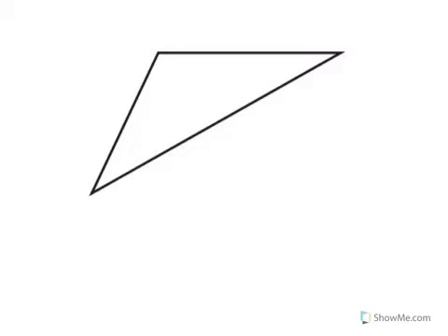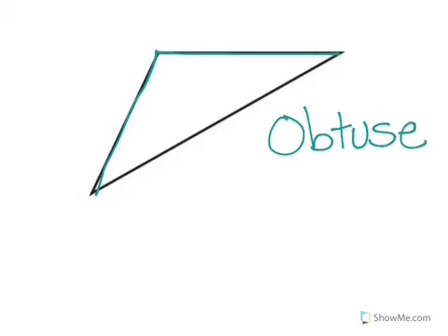Let's look at this one. Oh, okay, if I look at the angle, I can clearly see this one is greater than 90 degrees. This has to be an obtuse triangle. Let's look at the length of our sides.